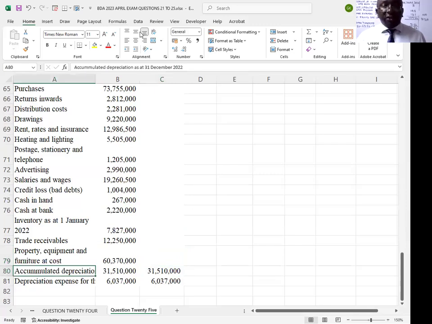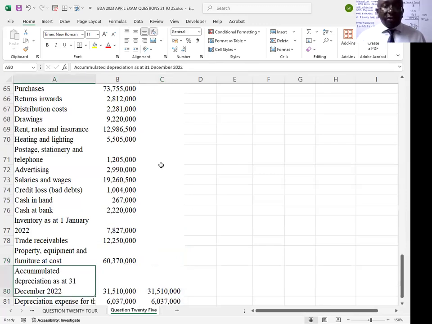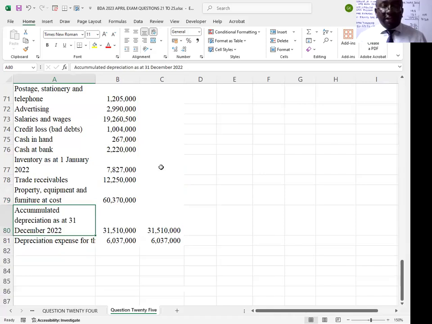Accumulated depreciation, as at 1st of December. Accumulated depreciation serves to reduce the costs of the asset. And if it serves to reduce the costs, it is always negative, so it's credited.